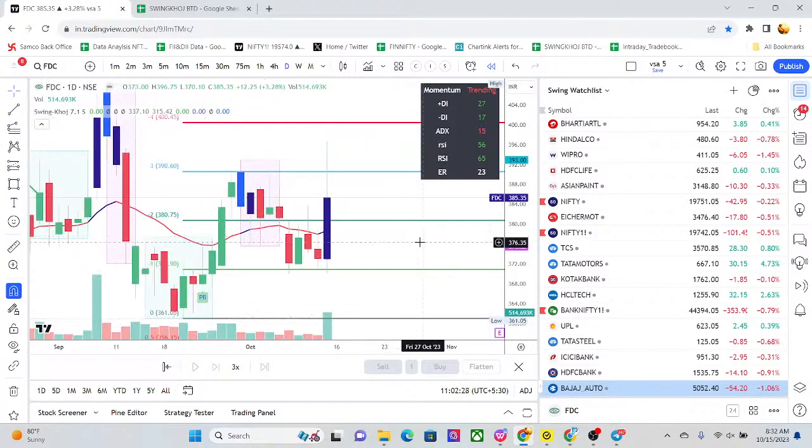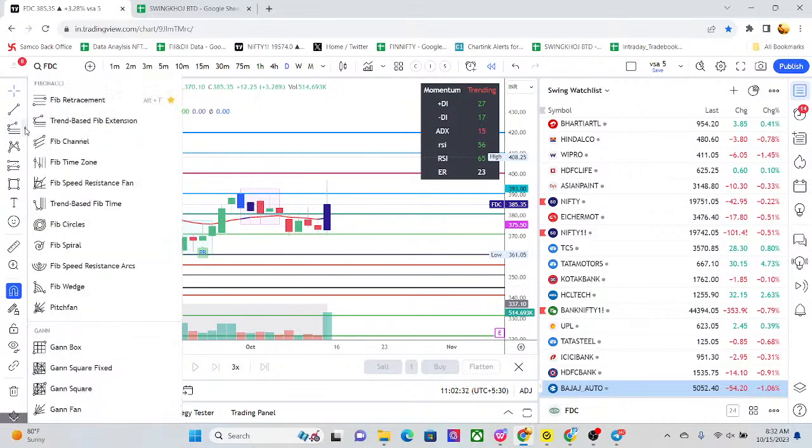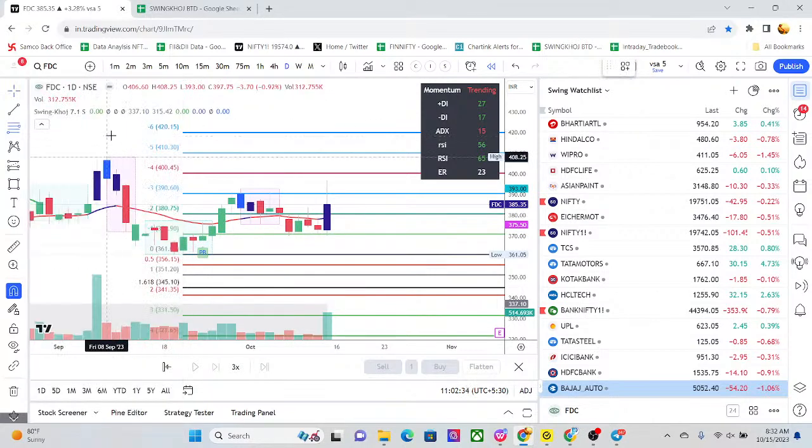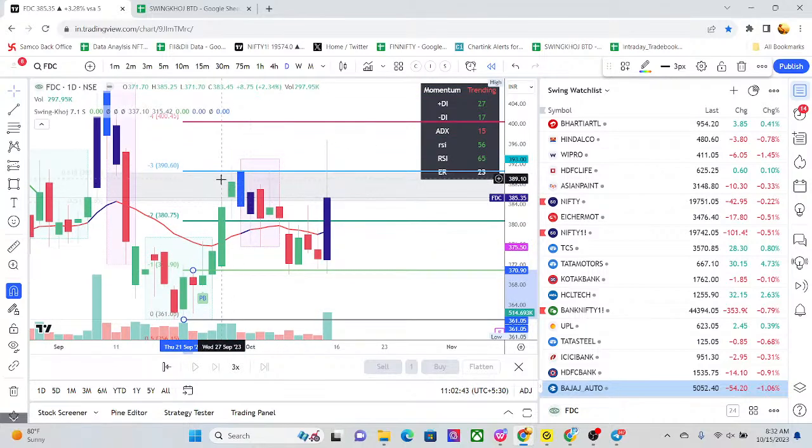So how I take target is I will put a reverse Fibonacci here, from high to low. This zone is the take profit zone, and also my 1:2 is coming there, so I can book here.